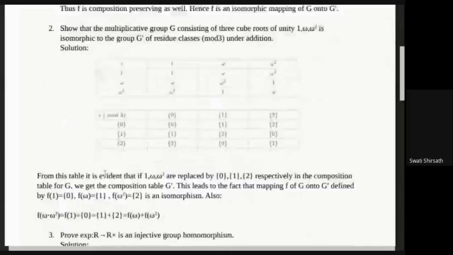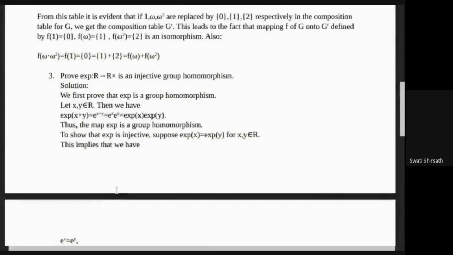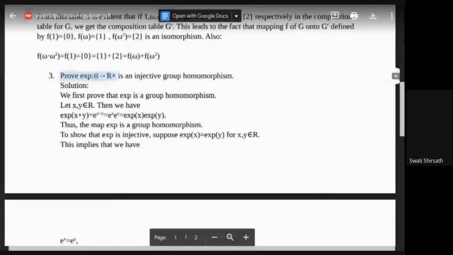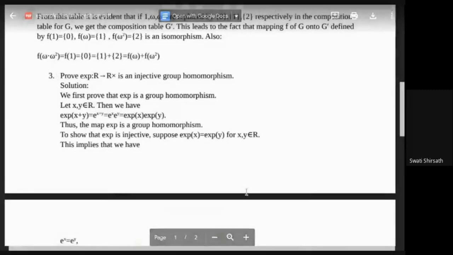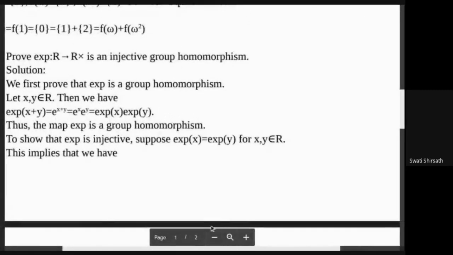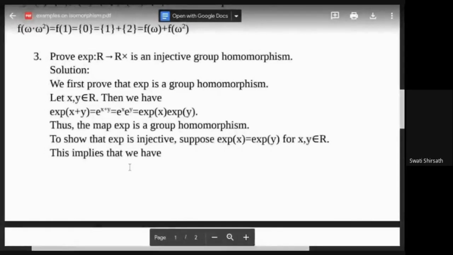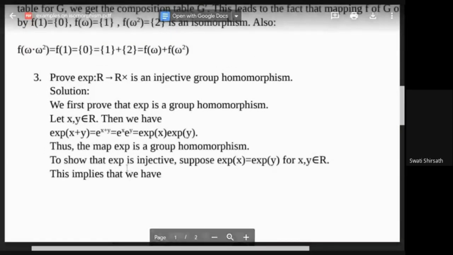Now the exponential operation, we have already seen this, but I'll just explain it to you. So this is exponent from R plus to R cross. R cross means multiplication operation, and R plus means addition operation. Just read out this statement and you will come to know that no group or operation is explicitly written; it is all in mathematical form.